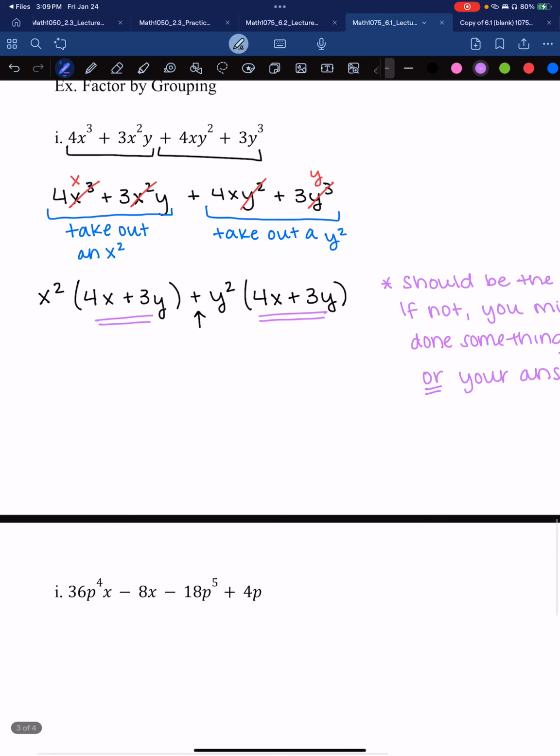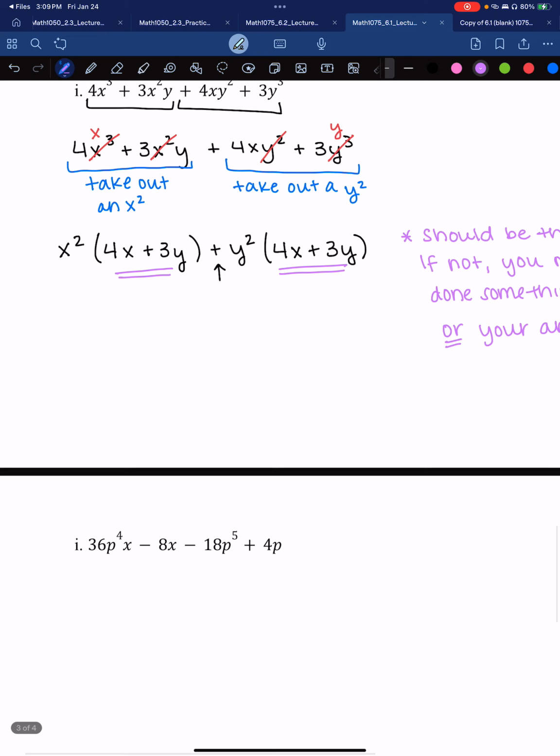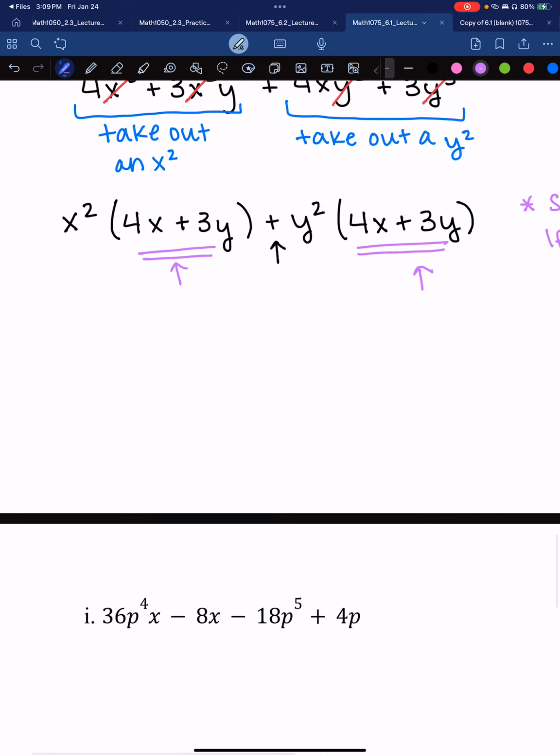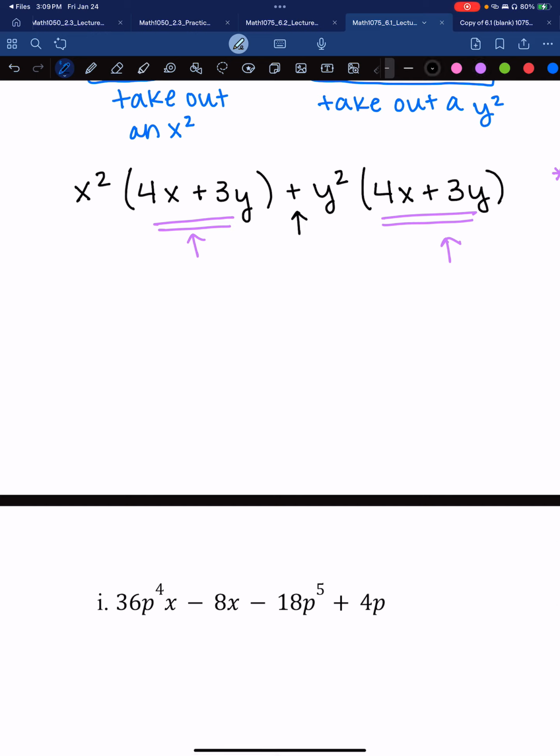Okay, so now because these terms are exactly the same, we can take it out because it's basically the greatest common factor of both the left-hand side and the right-hand side. So let's go ahead and take this out. So we have 4x plus 3y, and it's a quantity, it sticks together.